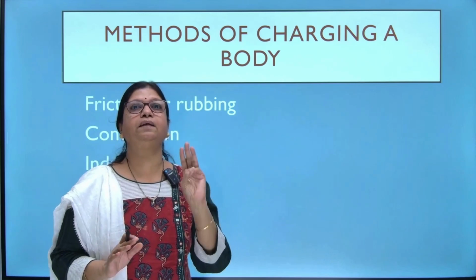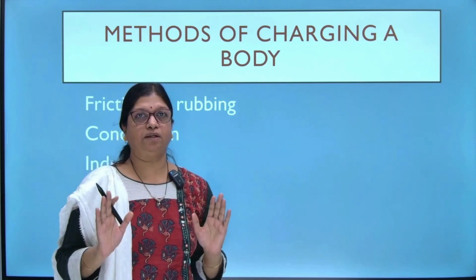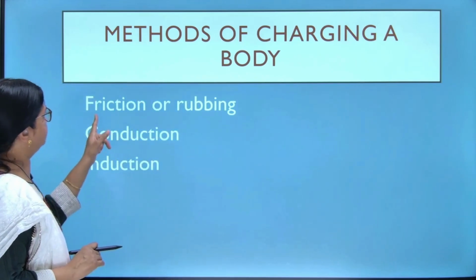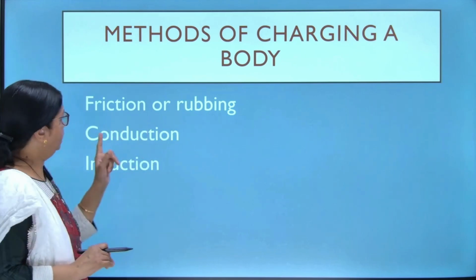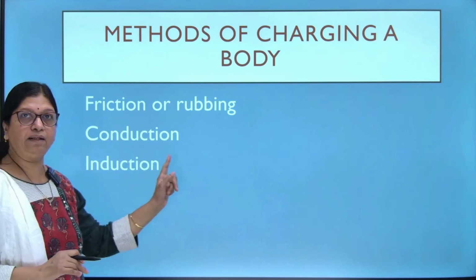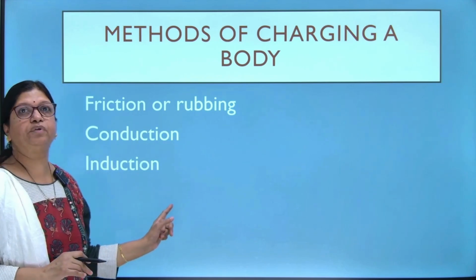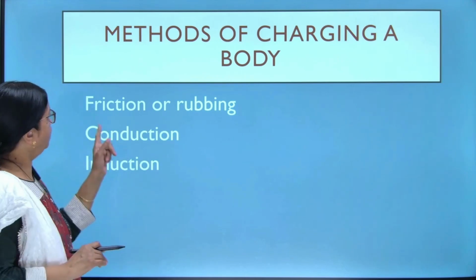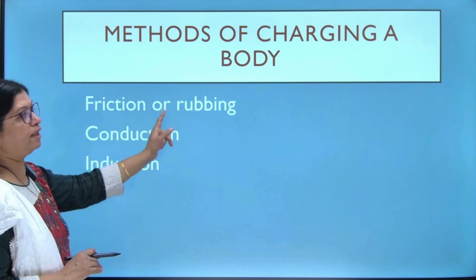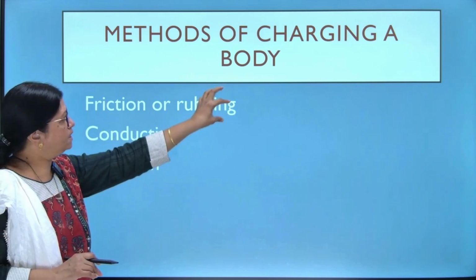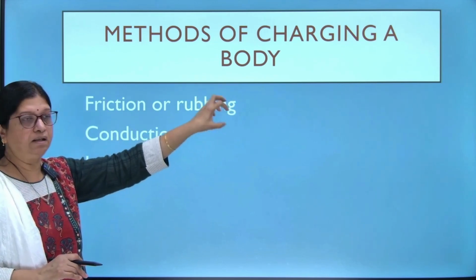There are three methods of charging a body. The first method is friction or rubbing, the second method is conduction, and the third method is induction. Friction or rubbing we can do best for insulators.